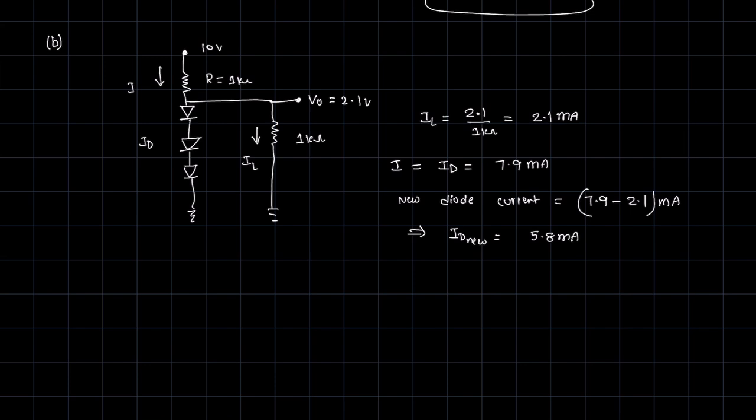Now let's calculate the new diode voltage. We know Shockley's current equation: ID is IS times e to the power VD over VT.